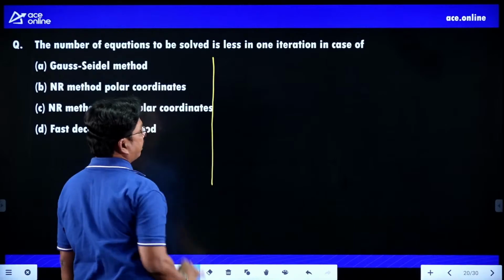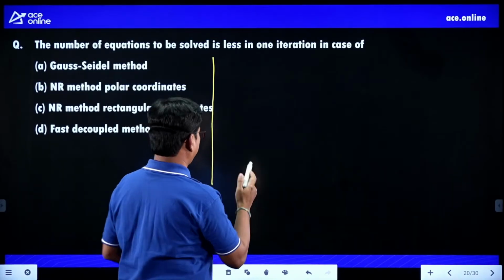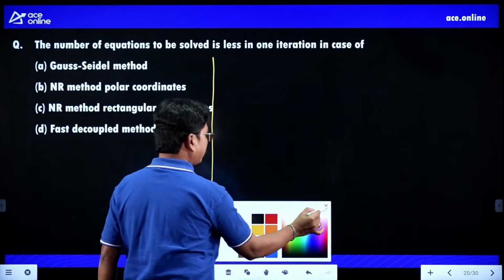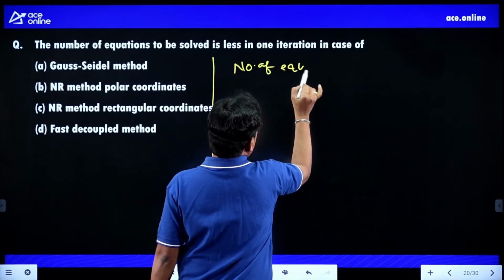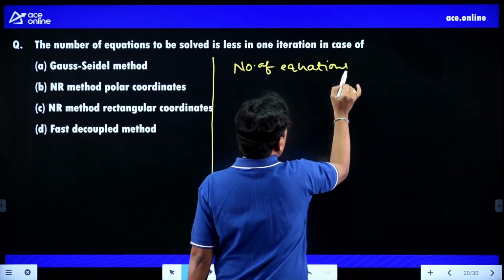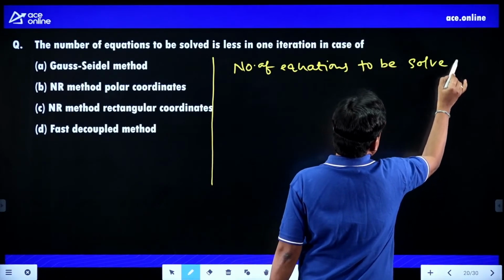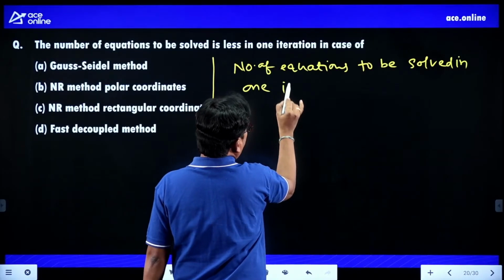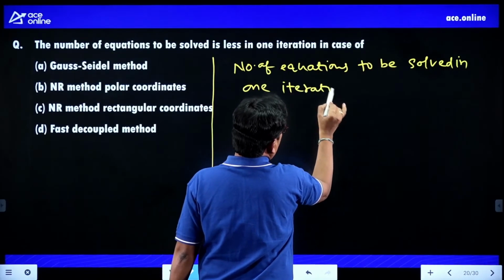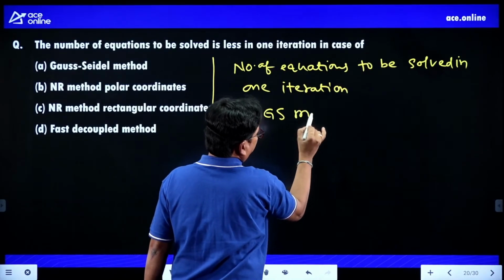The number of equations to be solved in one iteration. First one, Gauss-Seidel method.